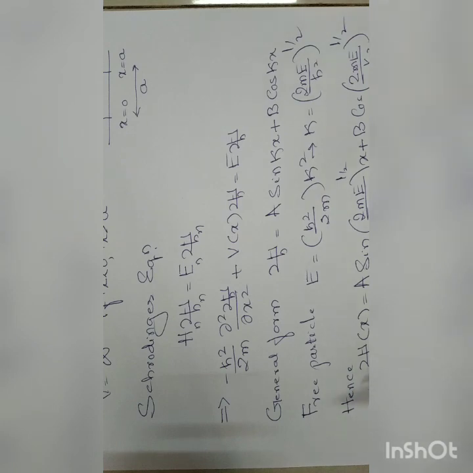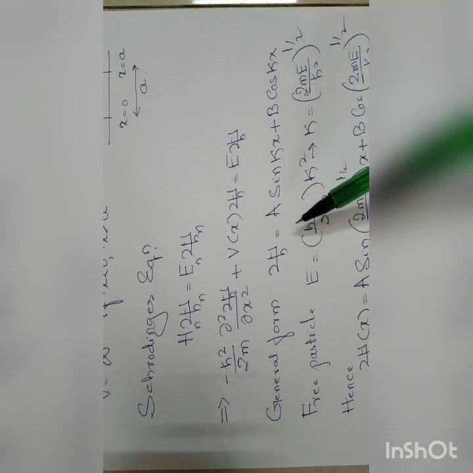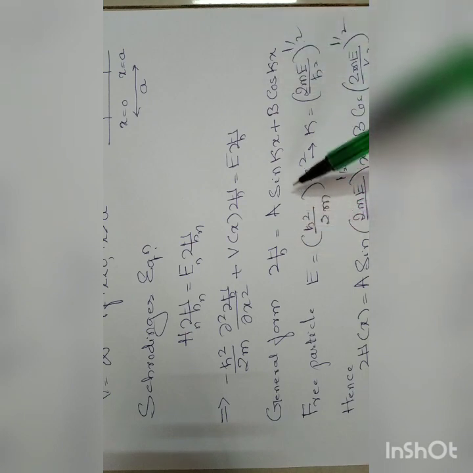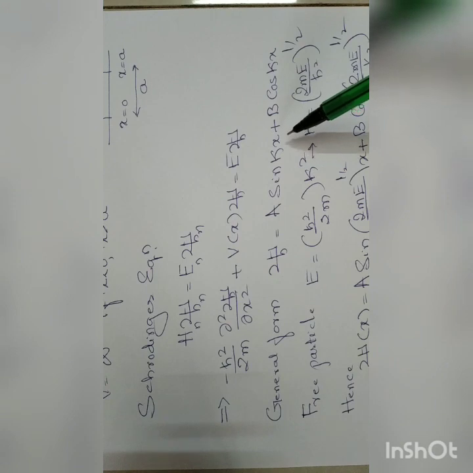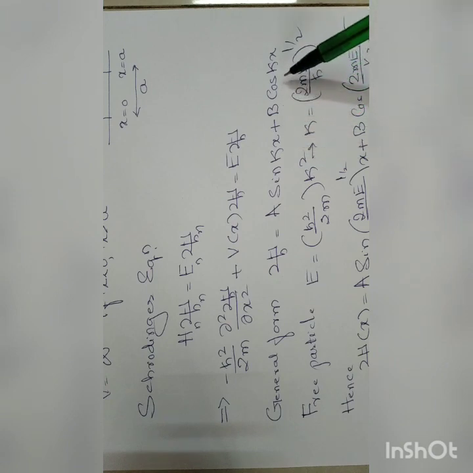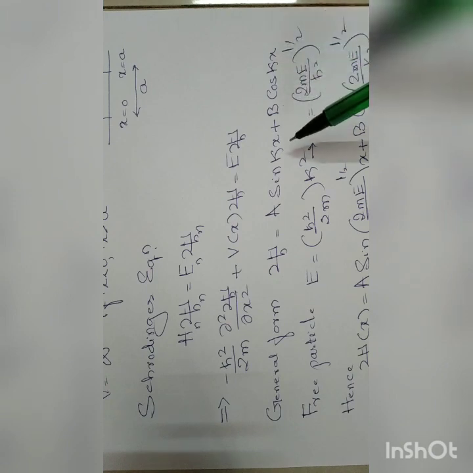So the general form of the wave function here, in this case particle in a box, is a combination of sine and cosine functions. Psi equal to A into sine of kx plus B cos of kx. Here k is the wave vector, that is 2 pi divided by lambda. A and B are the amplitudes associated with the sine and cosine functions.